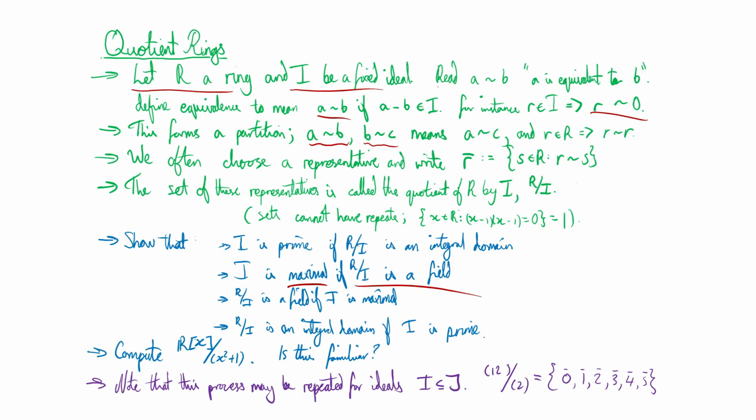I haven't shown it to be the case, but a is a representative of a within the ring, b is a representative of b within the ring.